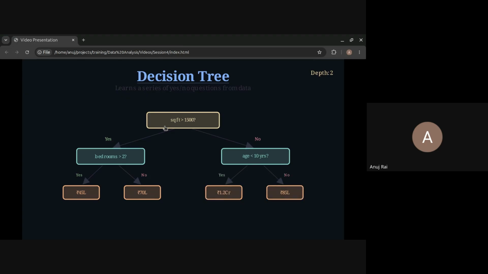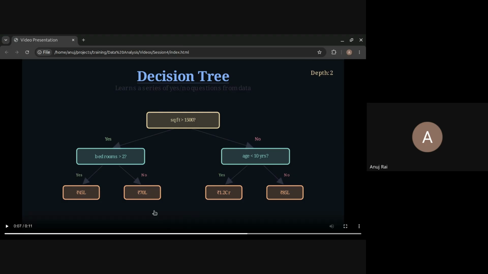So here, if square feet is greater than 1500, then yes. Then bedroom greater than 2, then yes or no. Basically, the model itself builds this decision tree. This is not something we define.